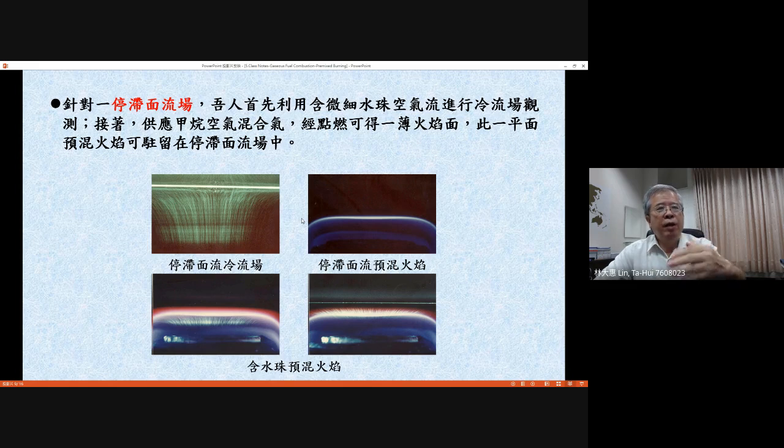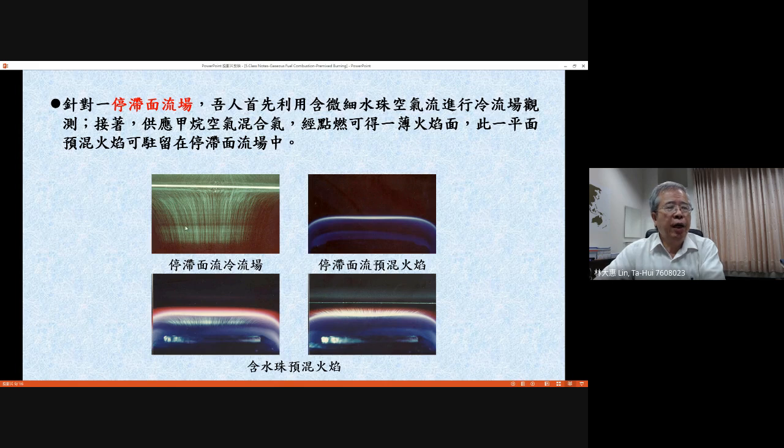Then this flame will give you a specific flame speed. That means when you have a given mixing ratio in this experiment, this flame will have only one propagation speed, and this propagation speed will balance with the injection velocity.